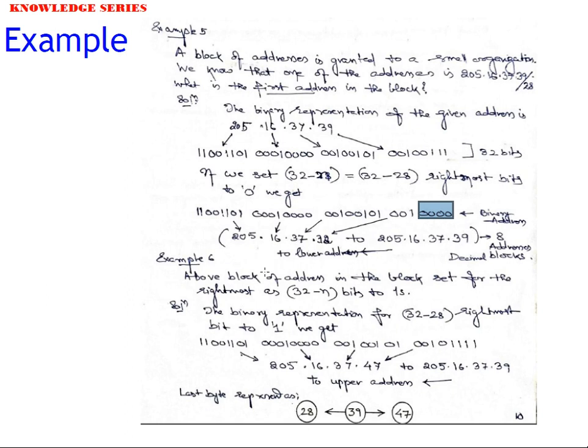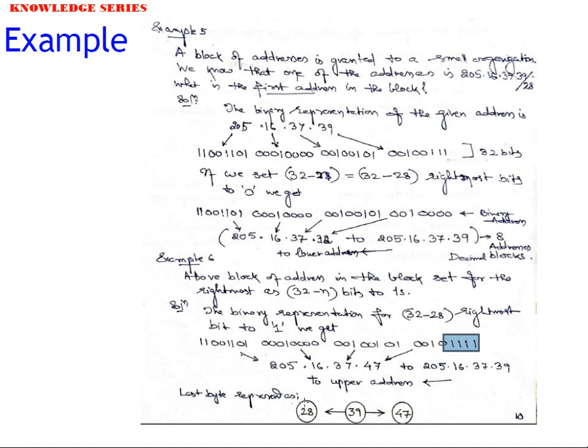If you want to go further, you add the 32 minus n bits, that is 32 minus 28 equal to 4, by putting ones. If you convert those 4 rightmost bits to 1, as shown here, then it becomes 47.